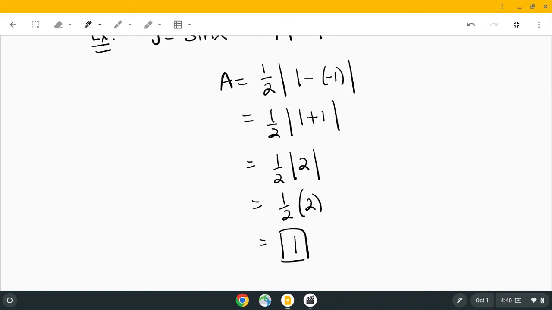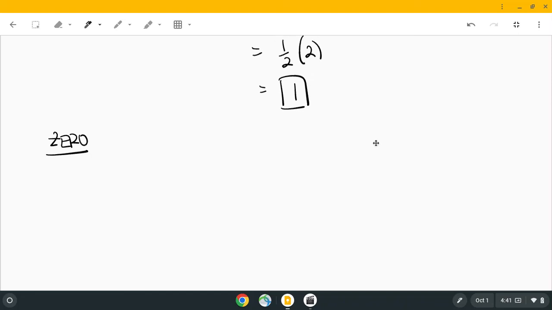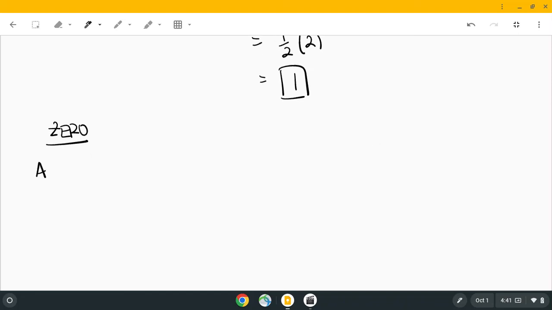All right, and then the zeros. You may remember what a zero is from your previous math class, so let's quickly review.